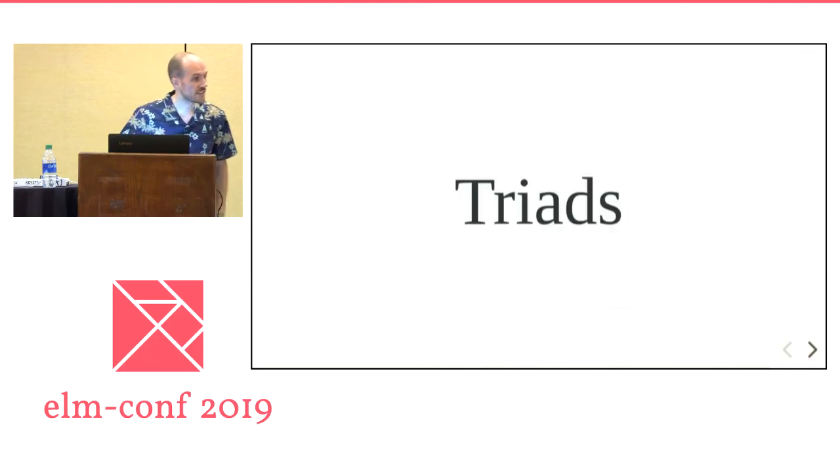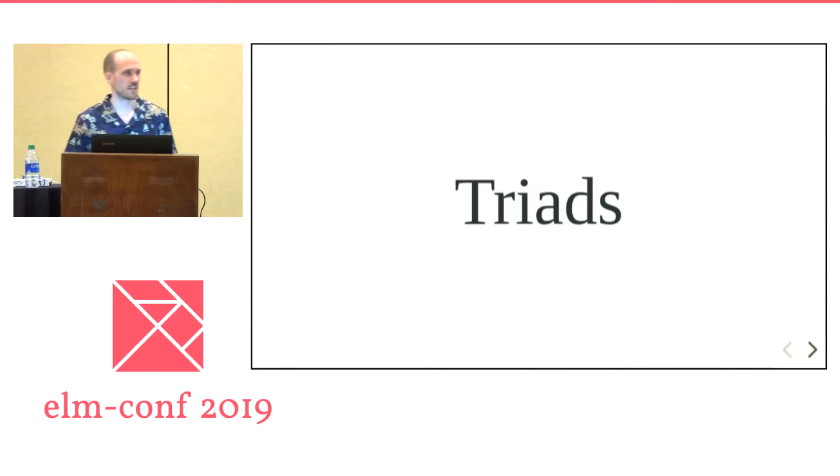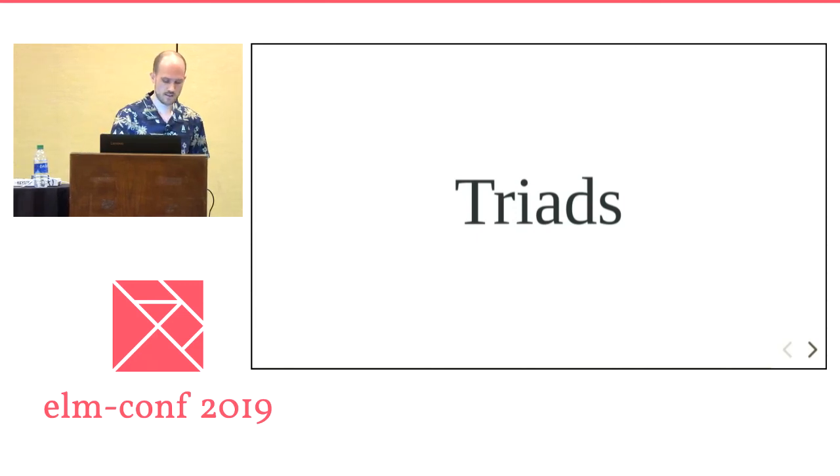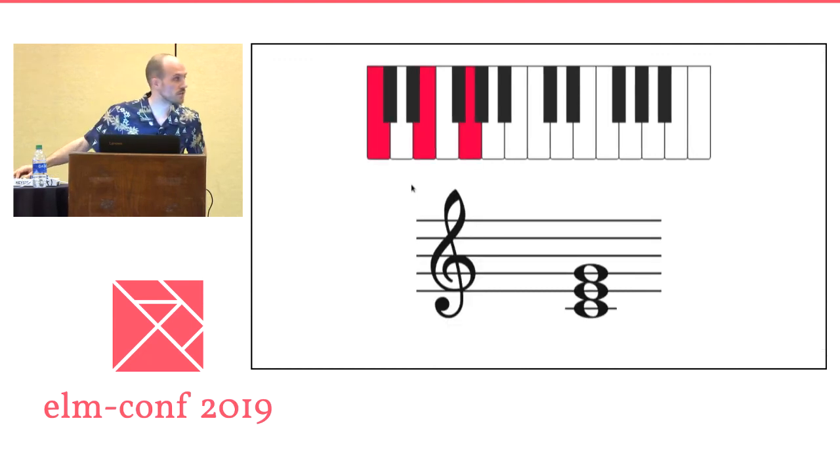Okay, what about other things in theory? So everything else is just built and composed of these smaller intervals. So a triad would be 3 notes. How do we define this C major triad or a C minor triad? Well, if you look at this C minor triad, it's just composed of 2 intervals, here and here.